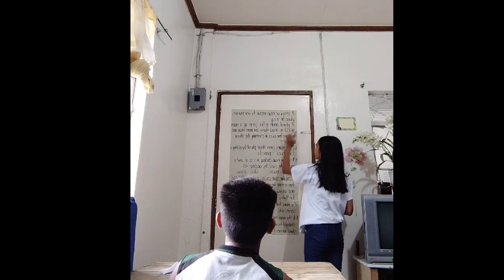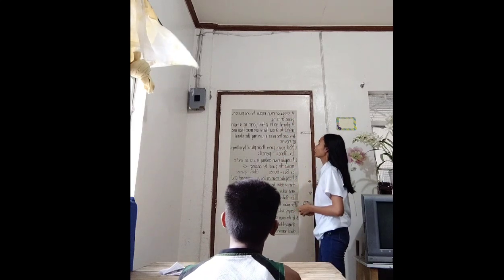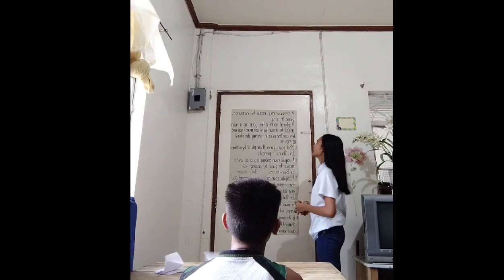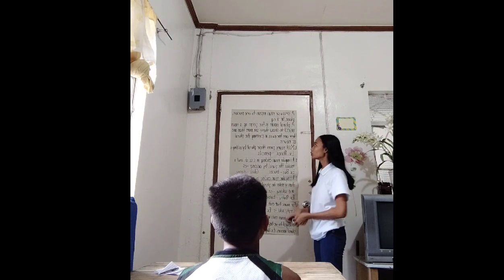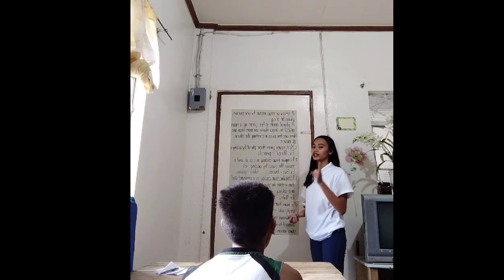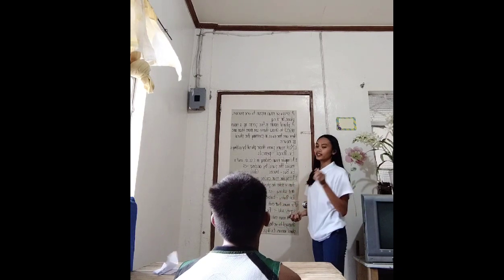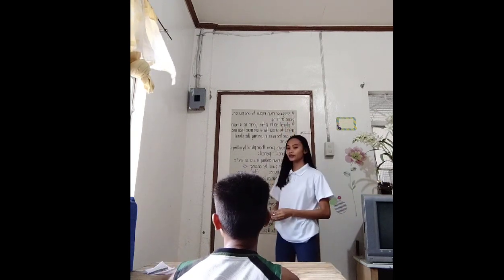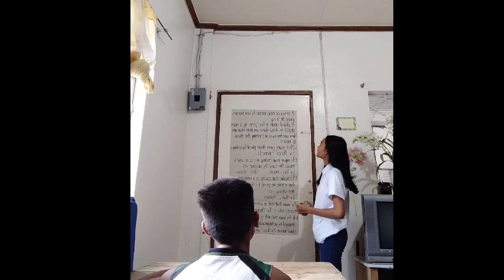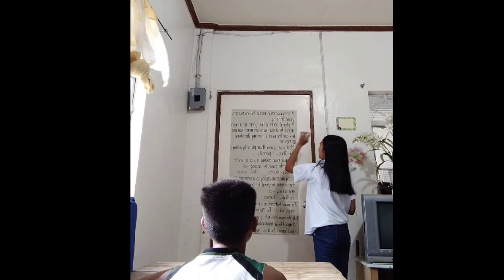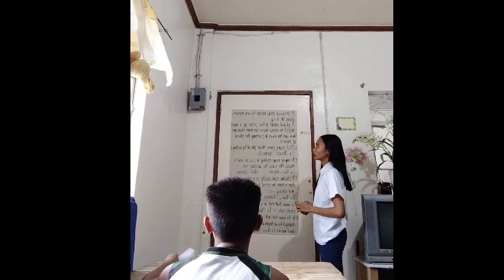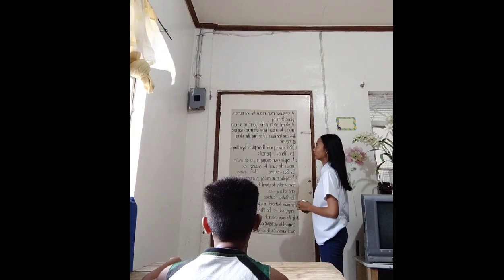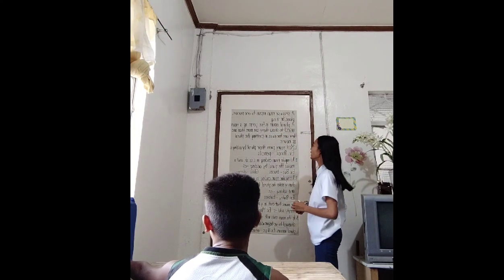So, a singular noun refers to one person, place, or thing. Ang singular noun daw ay tumutukoy sa isang tao, bagay, at lugar, place. Naintindihan ba? Ang plural naman, a plural noun is the form of a noun used to show there are more than one.